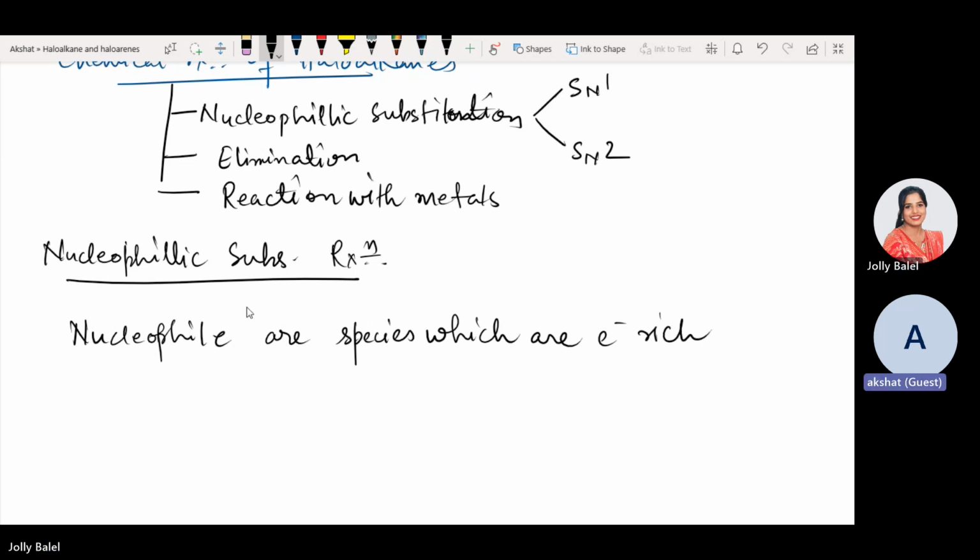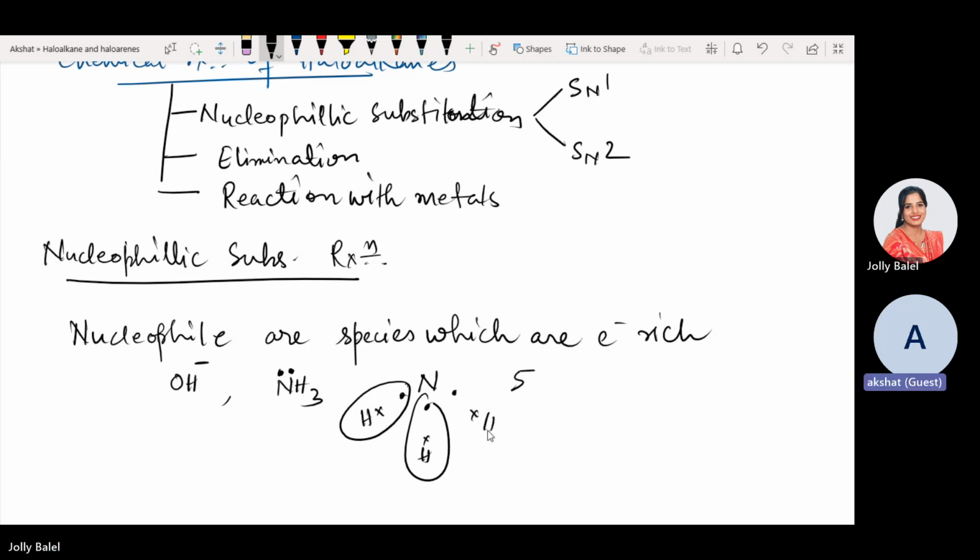There are nucleophiles like OH minus, a negative nucleophile, and some like NH3. How does NH3 come out to be a nucleophile? Because the nitrogen has a lone pair. As the number of valence electrons in nitrogen is 5, it uses 3 electrons to make bonds with hydrogen.